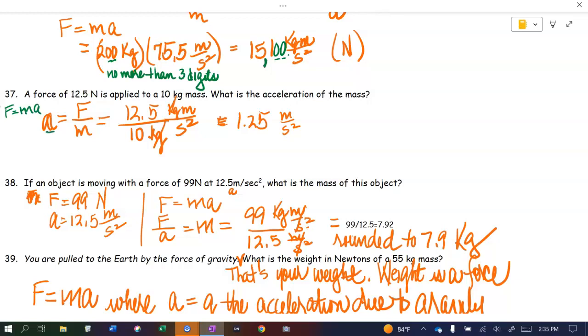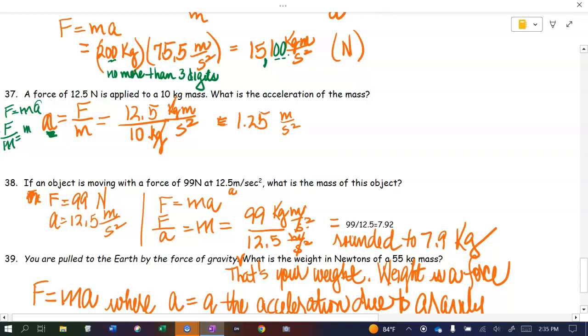I want to have acceleration by itself so I know exactly what I do with those numbers, 12.5 and 10. So I'm going to just divide through by whatever it is that I want to get by itself, in this case the acceleration. I'm going to divide through by the other variable that's in the way.